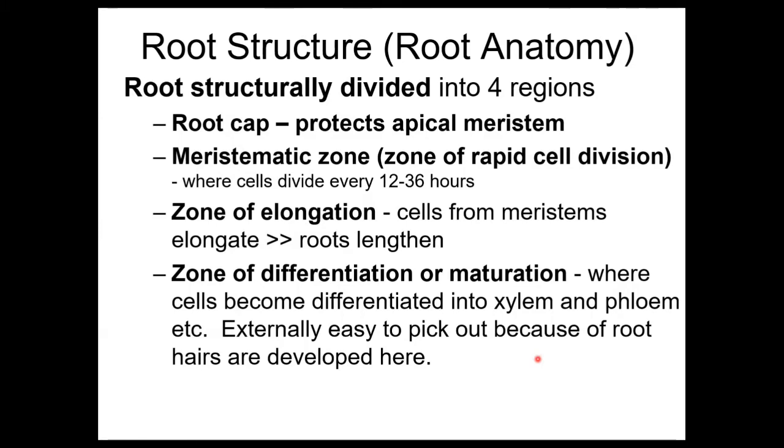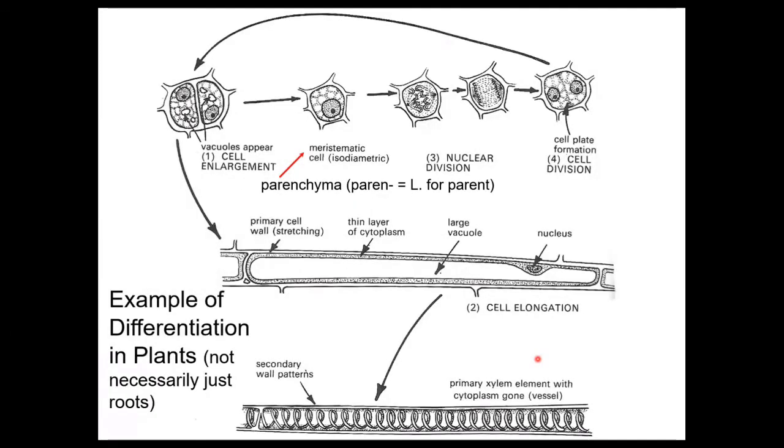We're going to talk about these, but first, this is a slide that says an example of differentiated plants, not necessarily just roots, and it's true. We could be talking about the stem, but this brings up enlargement, number 1, elongation is number 2, nuclear division, number 3, cell division, number 4, and cell differentiation, number 5.